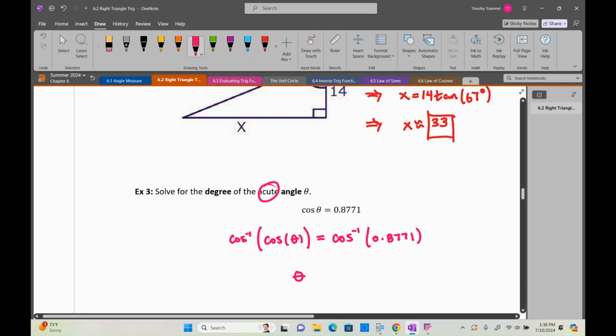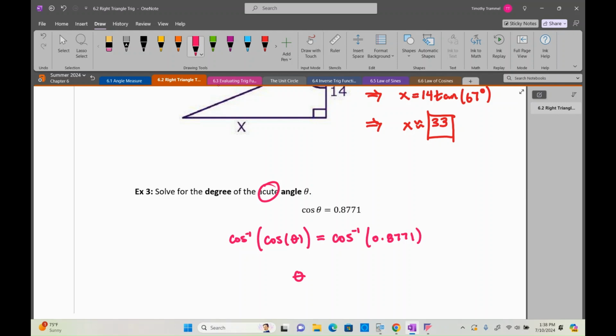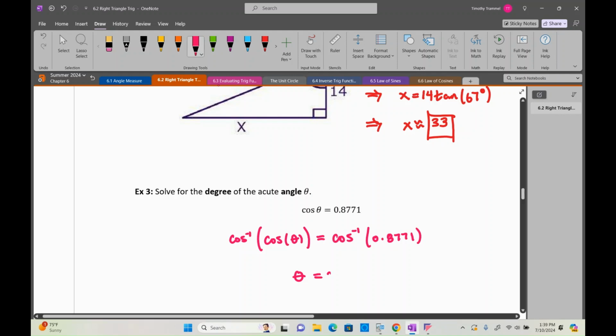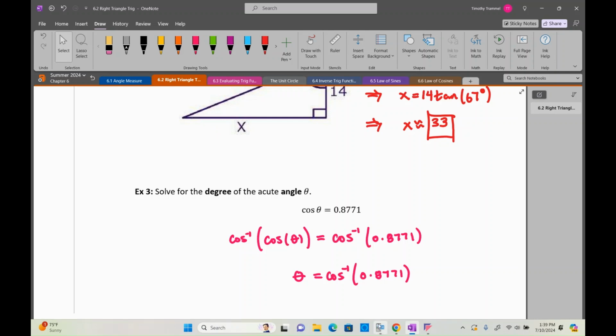Now I should be careful. They undo each other because we're told theta is an acute angle, meaning that this angle is in the first quadrant, and cosine inverse can give us angles in the first quadrant. So this gives us theta equals cosine inverse of 0.8771. And let's go ahead and plug that in.